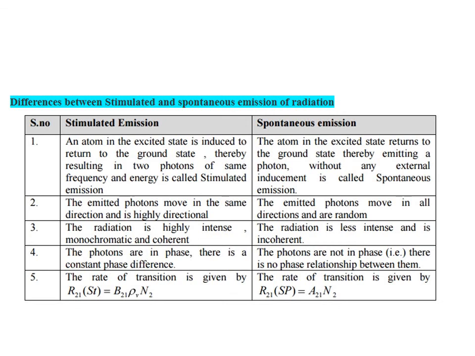So if you remember the special features of the laser, like monochromaticity: why laser light is so monochromatic is because all the photons are generated through the stimulated emission process. All these photons have exactly the same energy as the photon which stimulates that process. That's why laser light is so highly monochromatic.